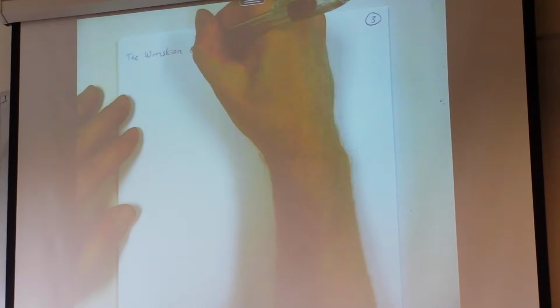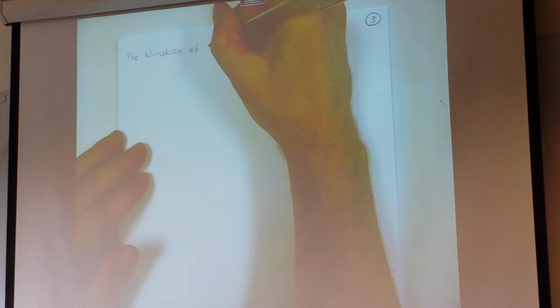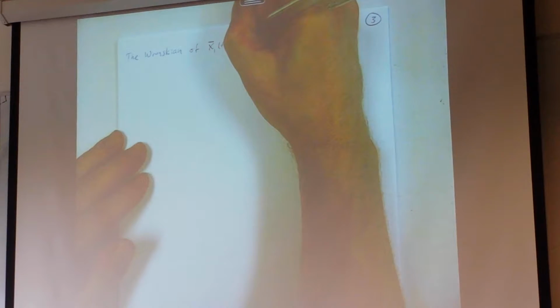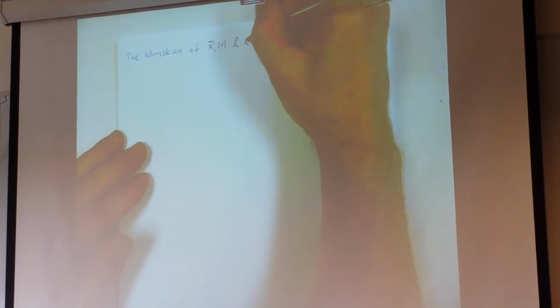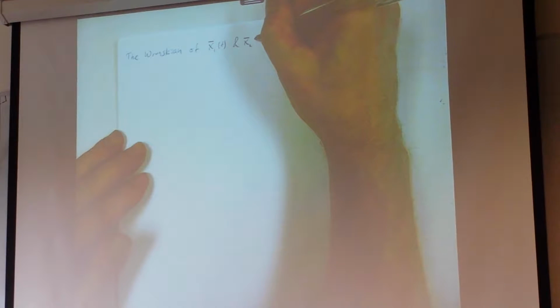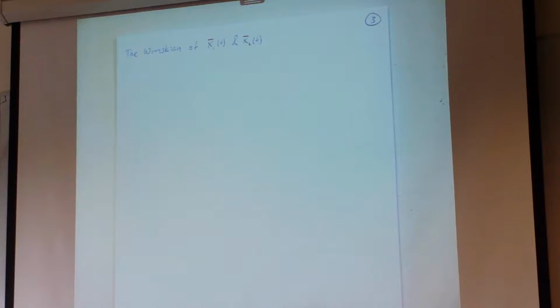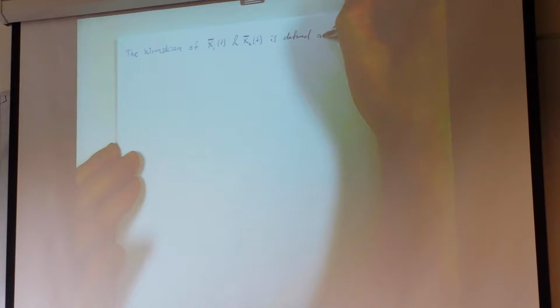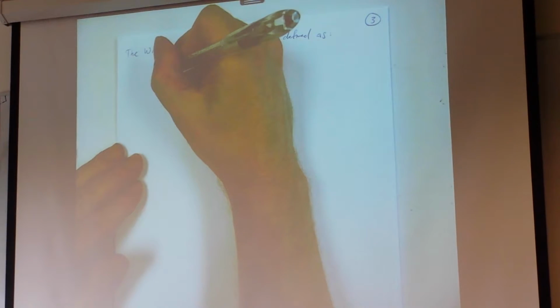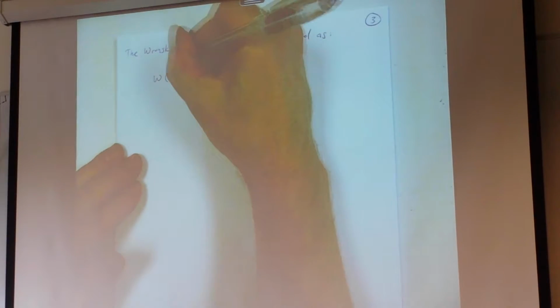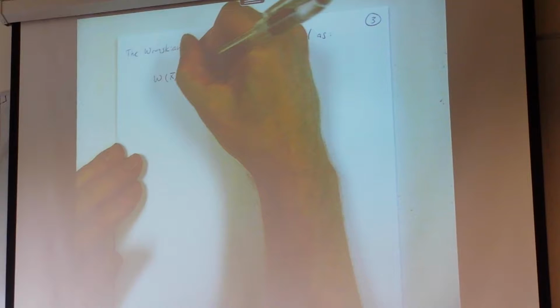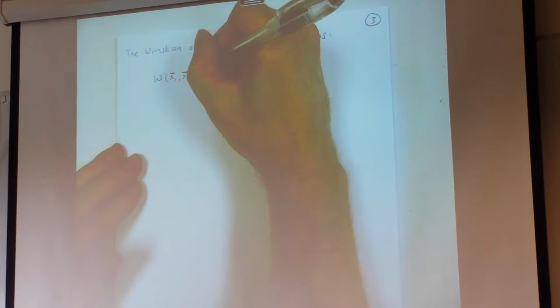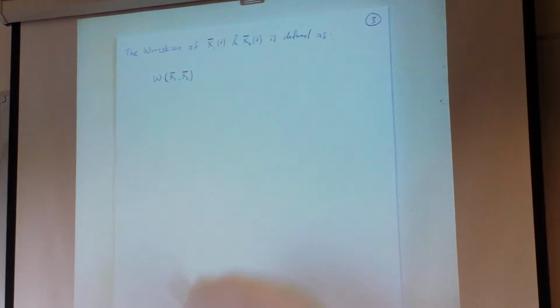So the Wronskian of these vector functions is defined as follows: x1, x2, and it takes in vector quantities, again, vector functions.